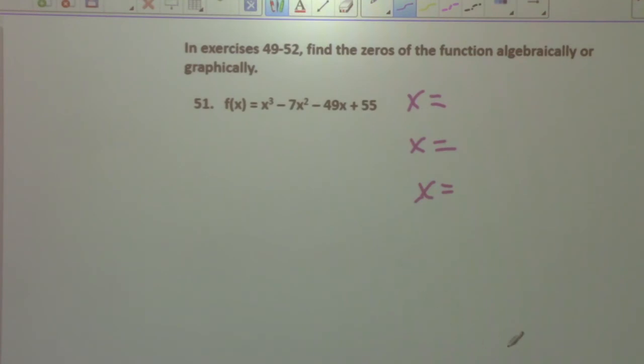Not yet, still working on it. You could actually find zeros for these algebraically, but to do that algebraically, we have to introduce tools that we're going to develop shortly in section 2.4. Justin, what do you got?